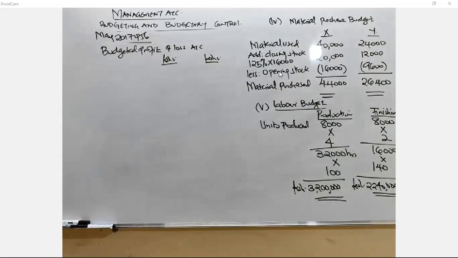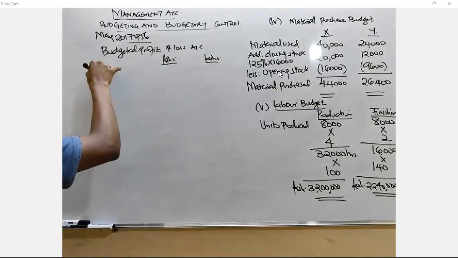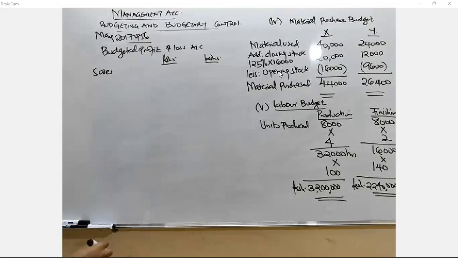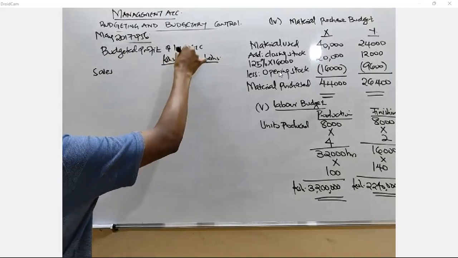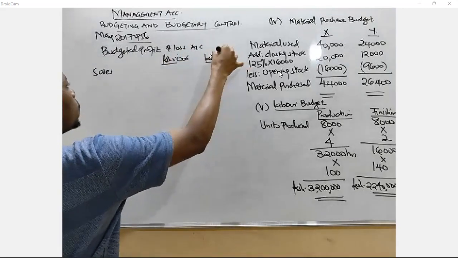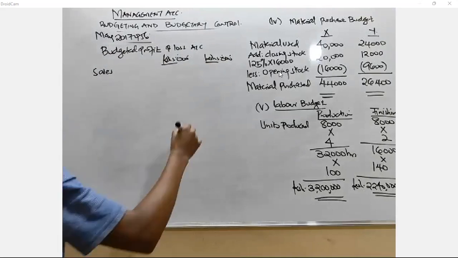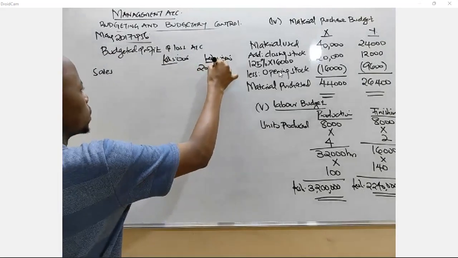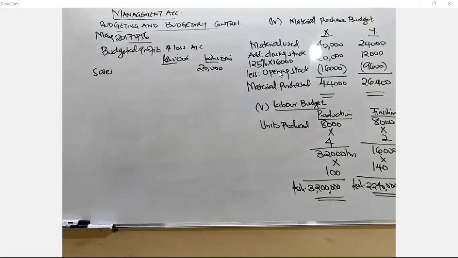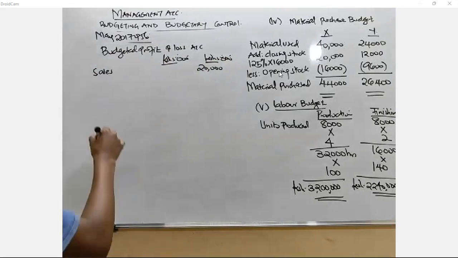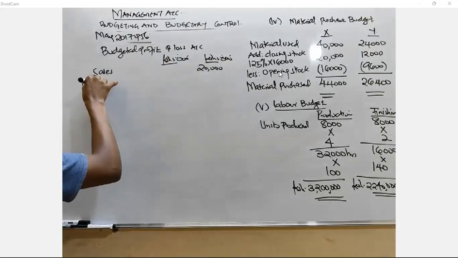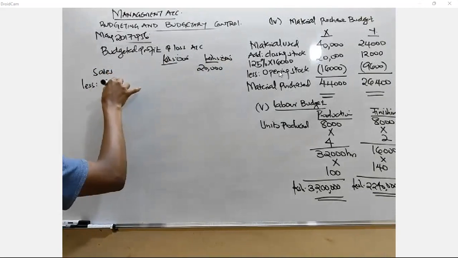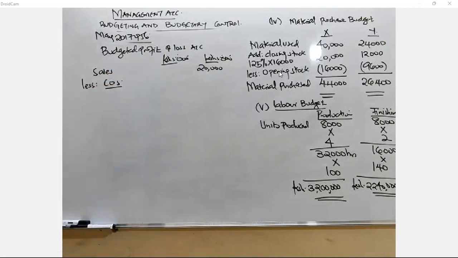Let us start with our sales. How much is our sales? The budgeted sales we have already computed and we were able to get 20 million. So in this case, I just need to take the 20,000 there. Then we less the cost of sales.